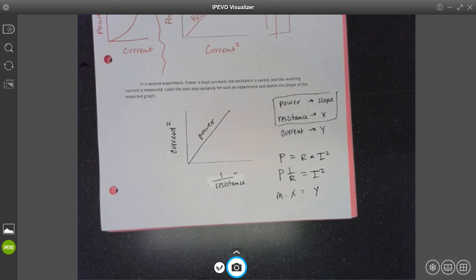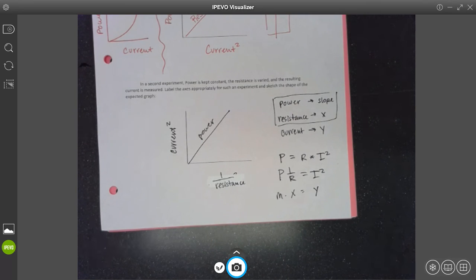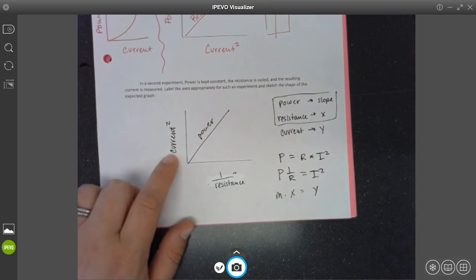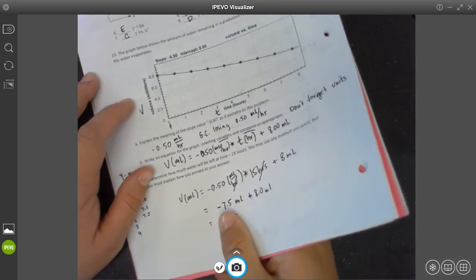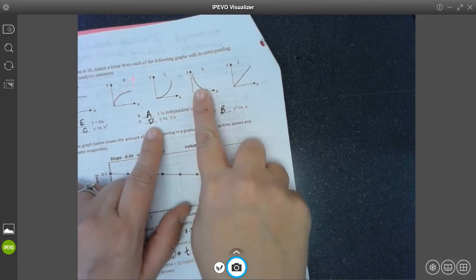Ethan. Wait, so were we supposed to graph the straight line or just the... I would just graph the line. What did you do? Because you'd have to modify it 2 times. Okay, so we didn't have to do that. You didn't have to. What would it look like if it was modified? I'm not sure. Because you'd have to unmodify it, right? So if it's squared, so okay, so if we have 1 over x, it would look like this.